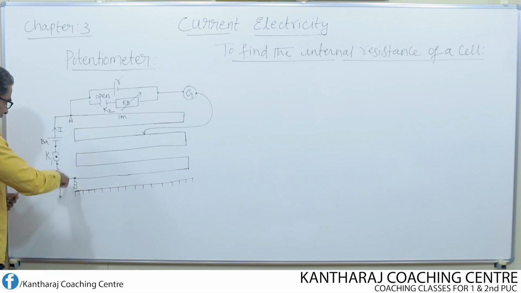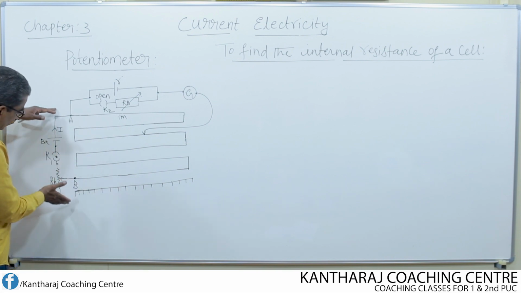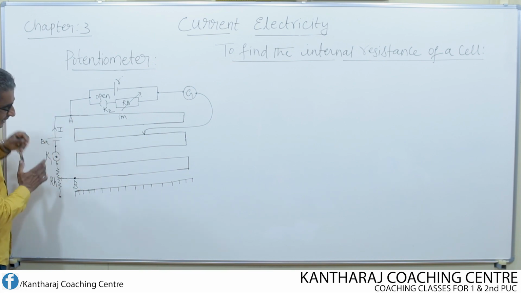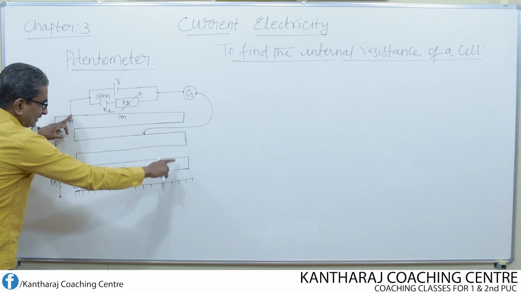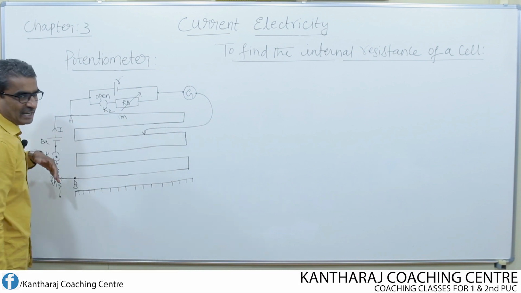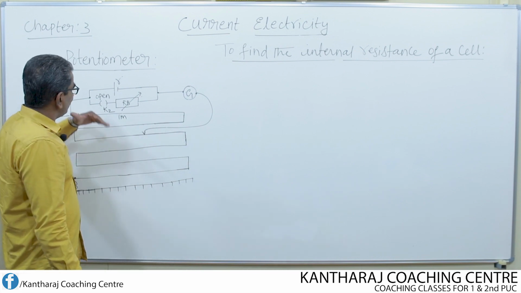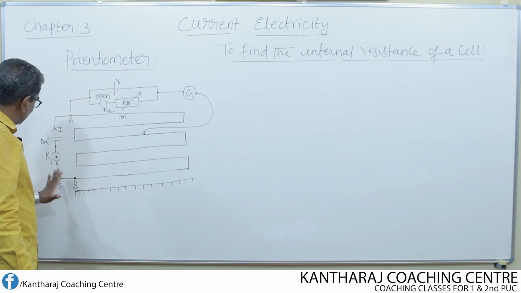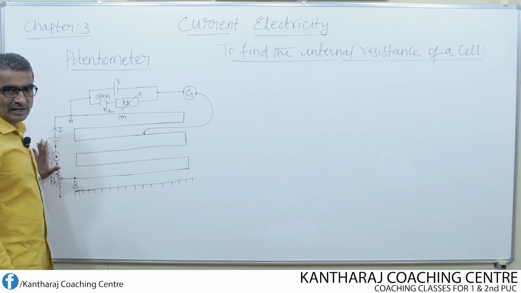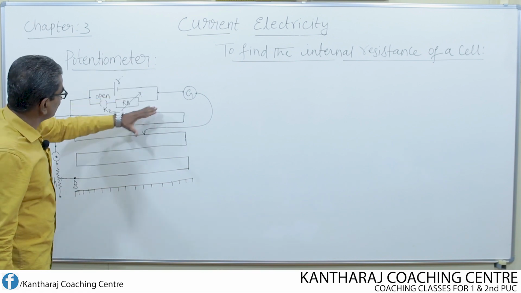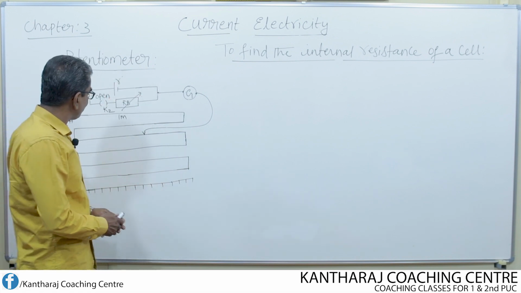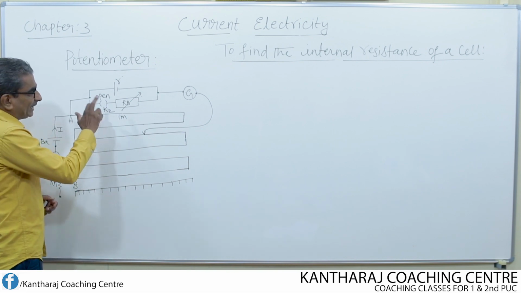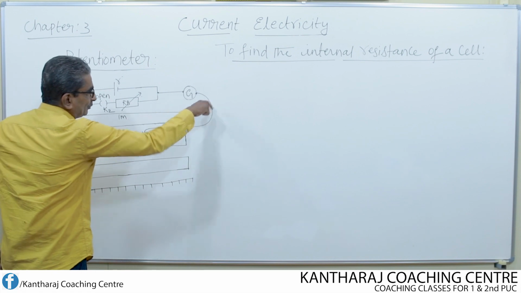Only this part from A to B is considered the auxiliary circuit, whereas this part is the potentiometer, and this we consider the secondary circuit. We can also consider this as the primary circuit instead of auxiliary circuit, and this portion as the secondary circuit.